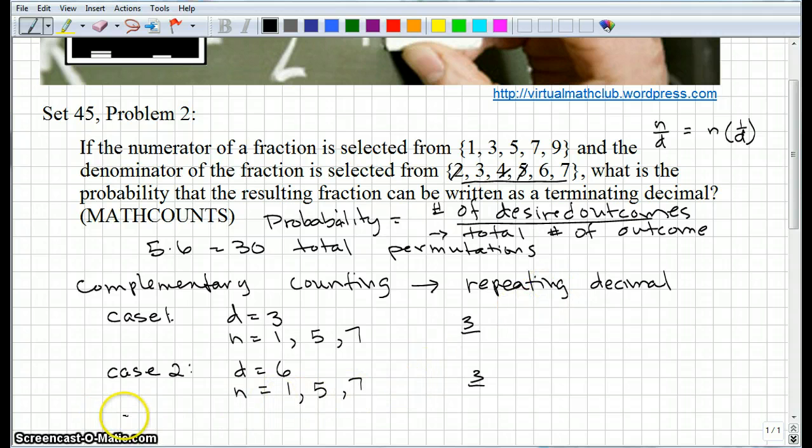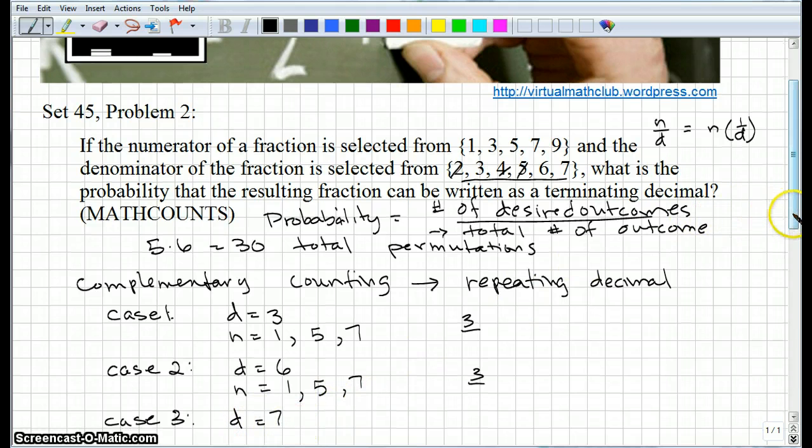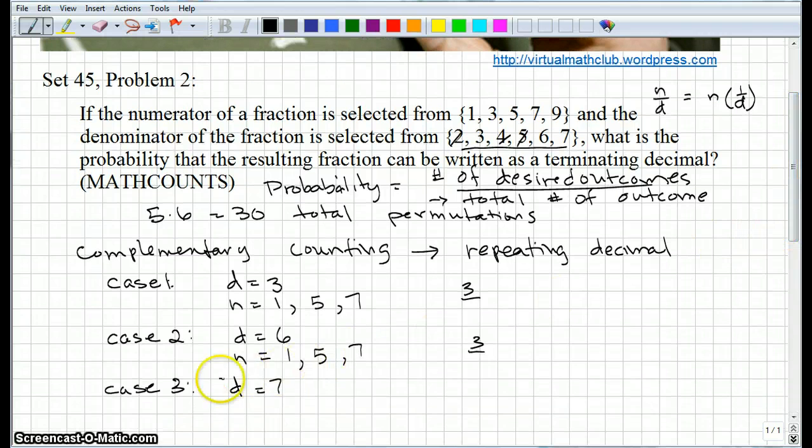Let's look at the next case. Case 3, the denominator is equal to 7. The possible numerators would be 1, 3, 5, or 9, so we actually have 4. Those are all of our cases.